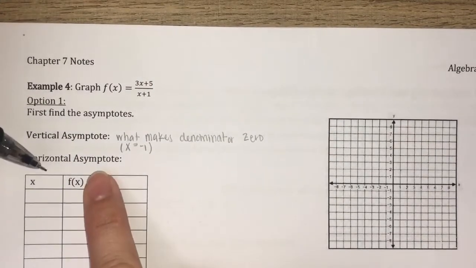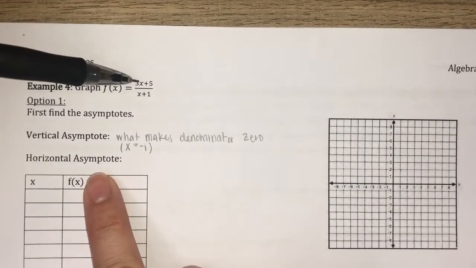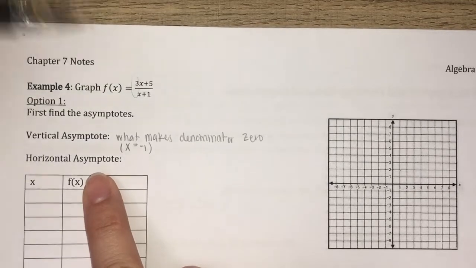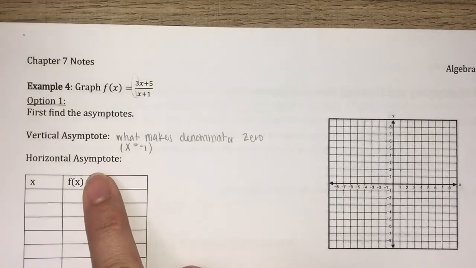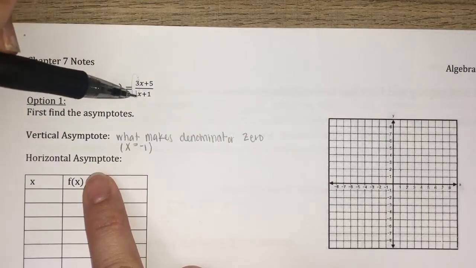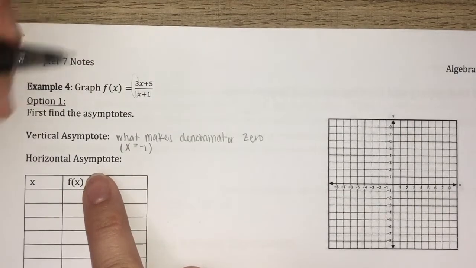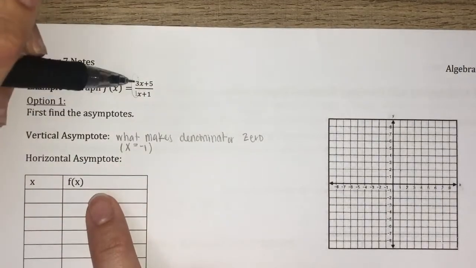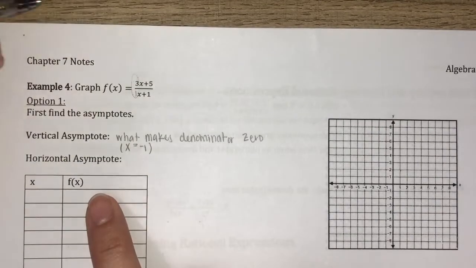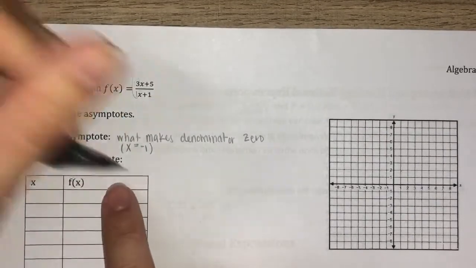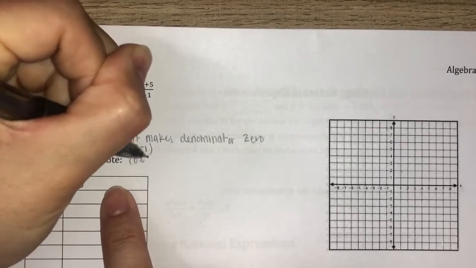And then the horizontal asymptote is always the coefficients of x. So this coefficient of the x in the denominator is 1. So my horizontal asymptote would be y equals 3 over 1 as my coefficients of x. So one more time, horizontal asymptote is the coefficients of x.